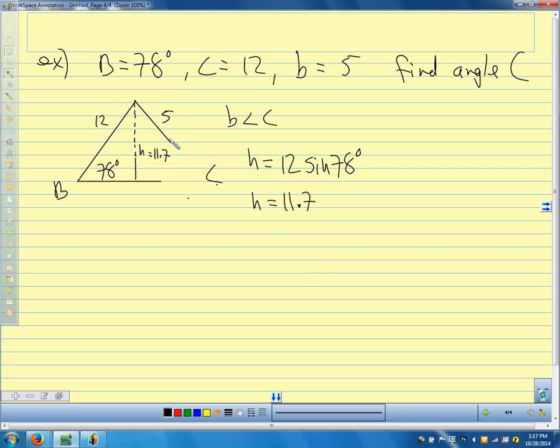So can this side length of 5 connect down here to this base down here? No, it's too short. B is less than C, and B is less than the height. The height is 11.7, so we have no triangle. So this is impossible. You don't have a triangle that works like this. The side is too short.